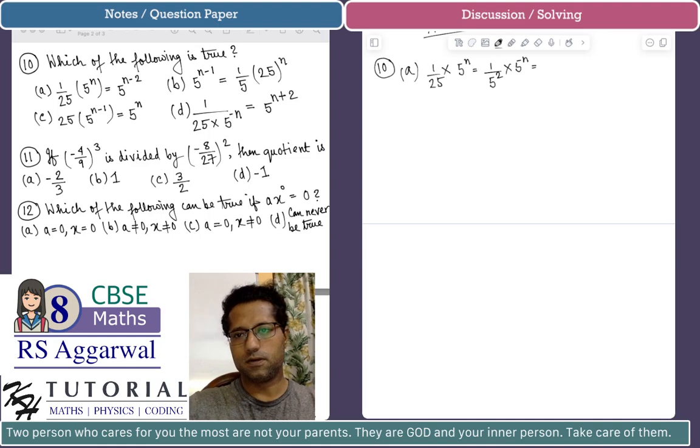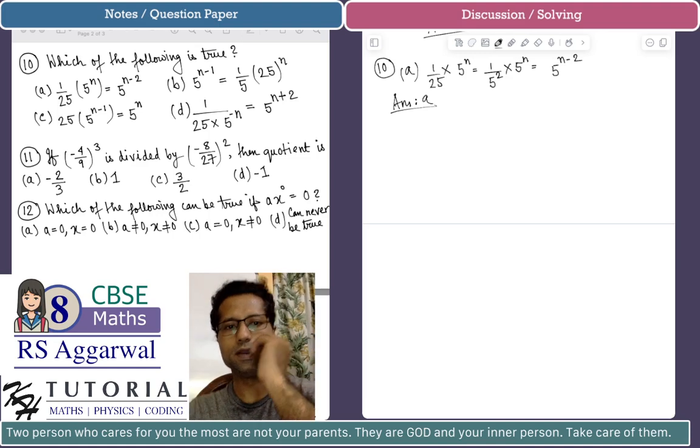So this is nothing but 5 to the power n minus 2. So straight away we found that the first choice is true. So definitely the answer is choice A.